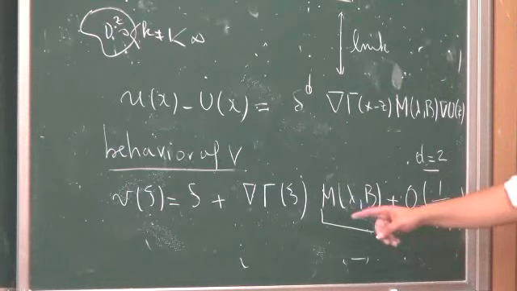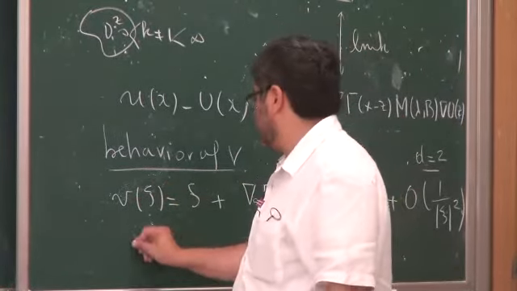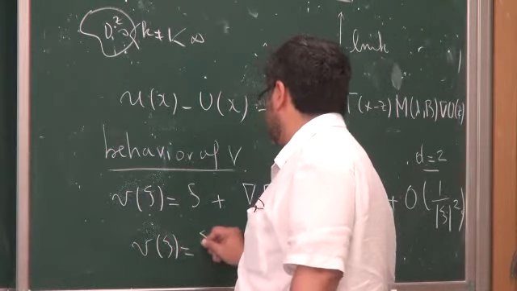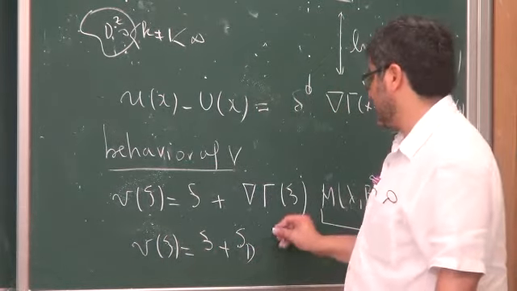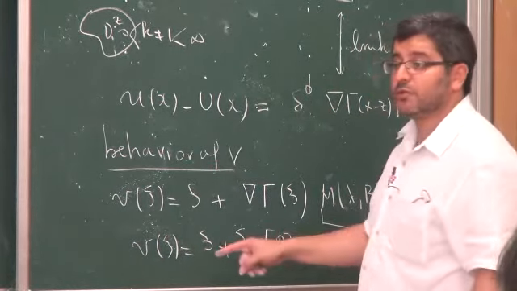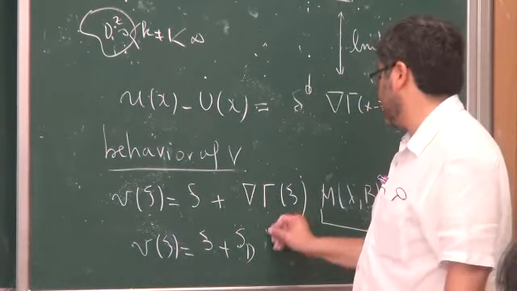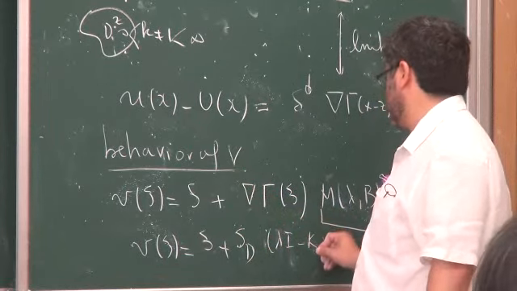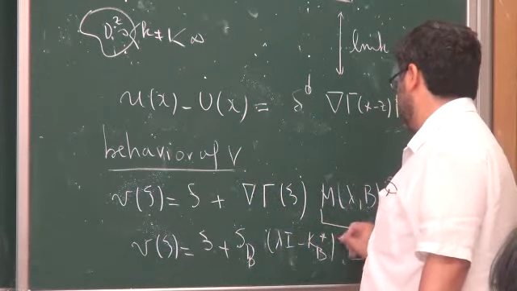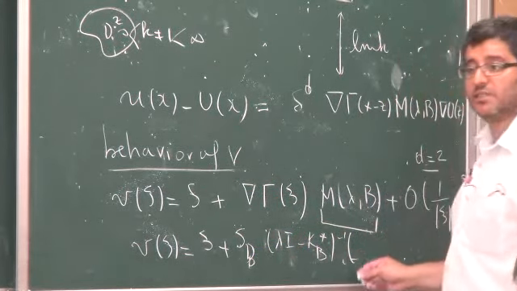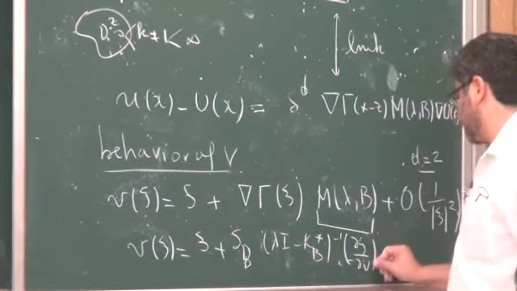You can get this from its representation formula. It's the single layer potential of xi plus the single layer potential of some density, and you compute the density exactly in the same way as yesterday. The density is nothing else than lambda minus k B star, inverse, applied to d xi d nu, which is nu.